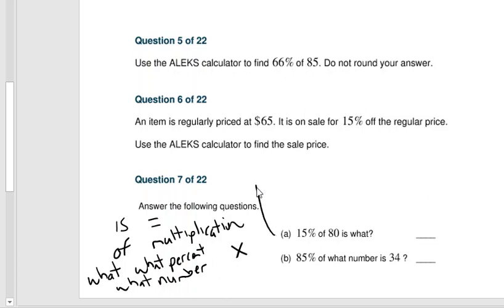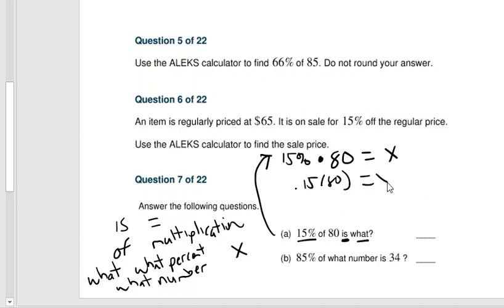Okay, so for A, 15% of 80 is what? So 15%, the word of means times. We have the number 80. And then we have the word is. Remember, that's going to be our equal sign. And then we have the word what. So that's going to be our variable. And now all we have to do is change 15% to 0.15 times by 80.